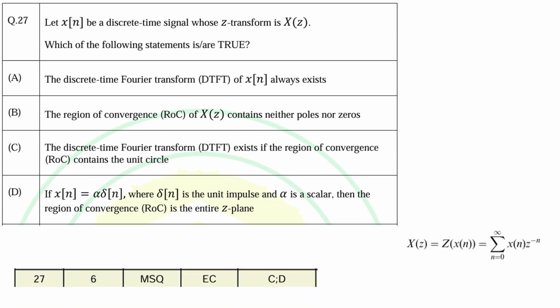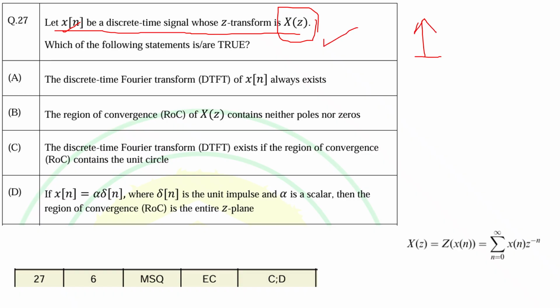The question is: let x[n] be a discrete time signal whose z transform is X(z). The z transform of x[n] is given, where x[n] is some discrete function.